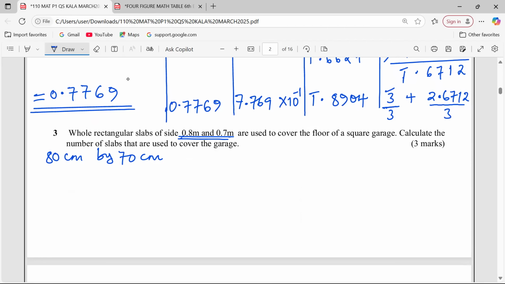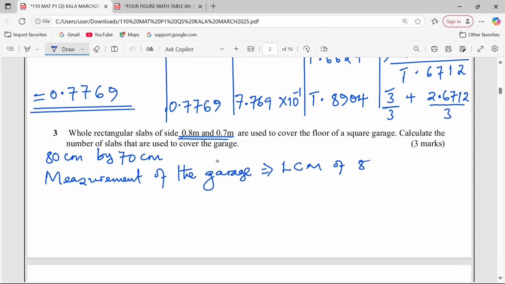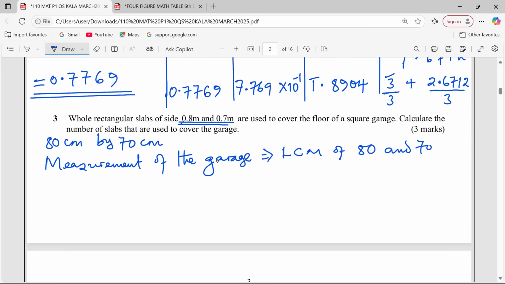So let's check the measurement of the garage. The measurement of the garage is going to be the LCM of 80 and 70.